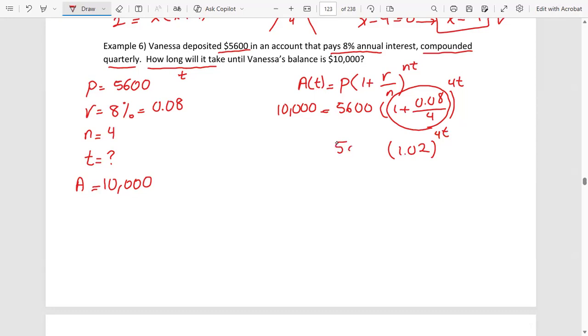Let's bring down the rest. But to solve any exponential equation, the exponential term, which is this part, must be by itself on one side, must be isolated. I have to get rid of 5,600. And since that is multiplying, I need to divide by that.